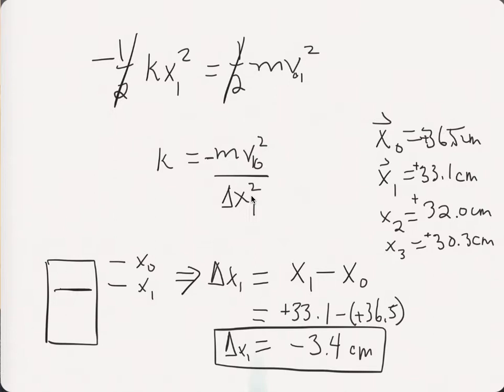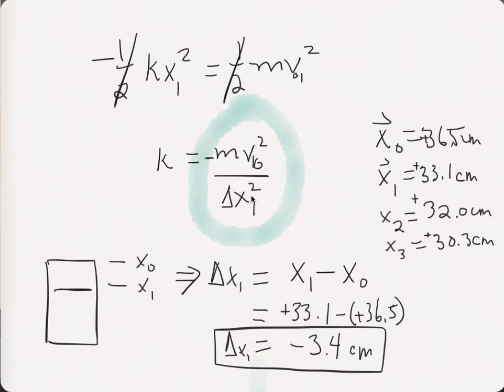We will know the mass of the ball, the initial velocity and the displacement. We're trying to solve for k because the whole idea is we want to see if k is actually going to be the spring constant for each click, for compression position 1, compression position 2, and compression position 3. So that's what we're trying to verify.